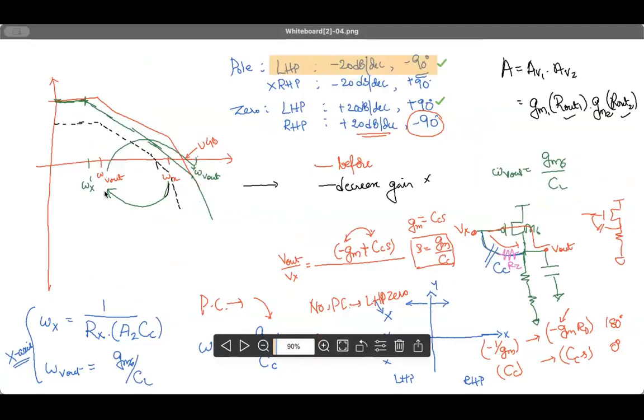We considered that as a dominant pole. It need not always be the dominant pole, but for the sake of discussion, we took omega Vout to be the output pole, and omega X to be the non-dominant pole. Then if red is the frequency response that we have, there are two poles inside UGB: omega X and omega Vout.